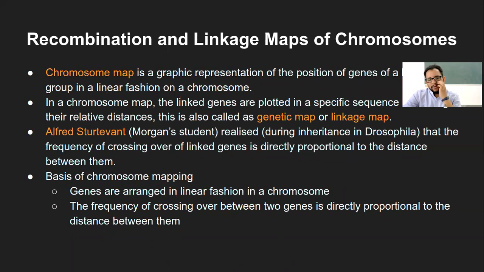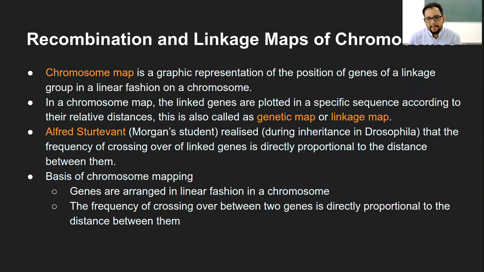Now today we'll be starting with the chromosome map, or what is also called the linkage map of chromosomes. We all know what a map is in general, right? Similarly, a chromosome map is a graphic representation of the positions of the genes and their linkage in a particular group.